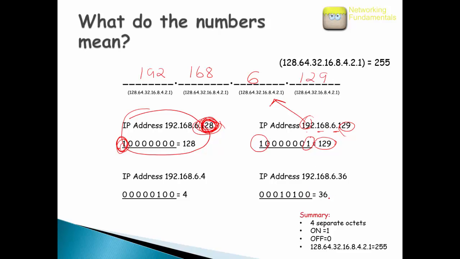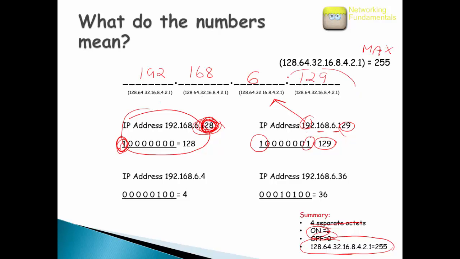Just in summary, you've got your 4 octets, octet 1, 2, 3, 4. Then you have either on or off. By on, that means there's a 1 beside them. If it's off, it means it's a 0. If you add up all the numbers together, you come up with 255, which is the max amount of numbers you can have allocated to 1 octet.